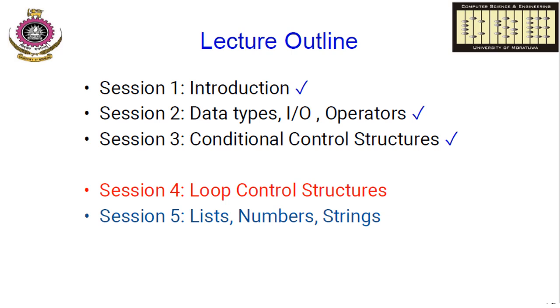So in this week, session 4, we will be looking at loop control structures. And in the next week, next session will be on lists, numbers, strings. So for all these discussions, we will be taking examples from the Python programming language.